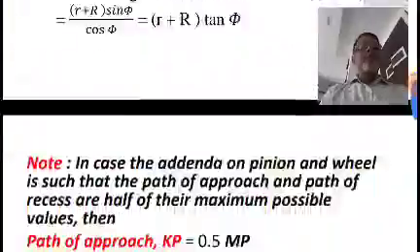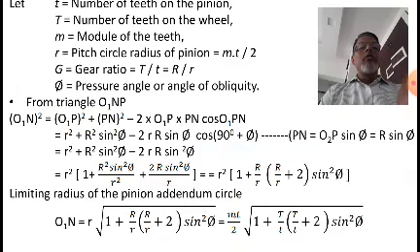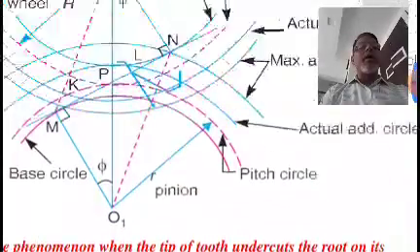So therefore, you can see this equation is written like this: small r square, where small r is the radius of the pitch circle of the pinion, then Pn is capital R sin phi, capital R because that is the radius of the pitch circle of the wheel, minus 2 times small r into capital R. Why small r? O1P means small r, Pn is capital R sin phi, right? And cos of O1Pn. Now how can we write cos of this angle?